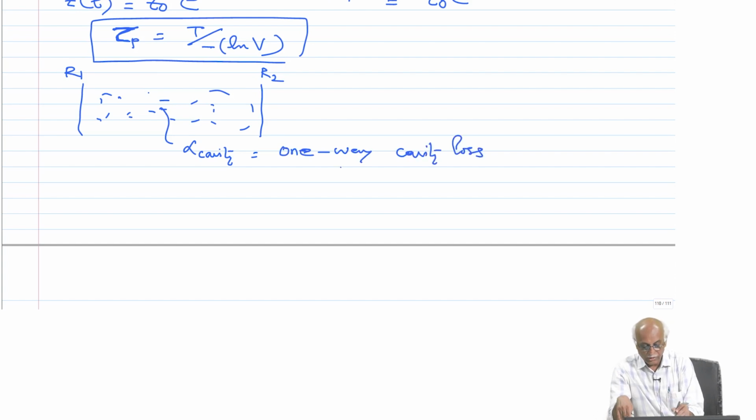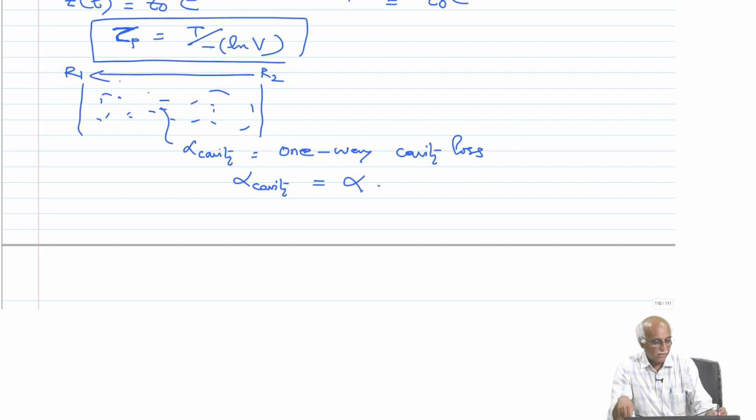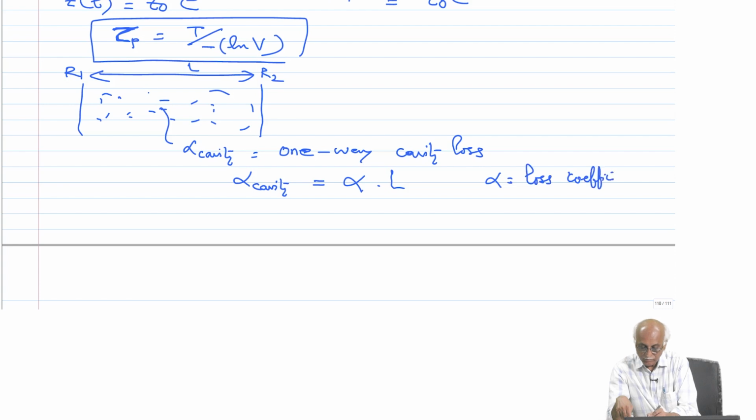If the length of the cavity is L, then alpha of the cavity is nothing but alpha into L. What is alpha? It is the loss per distance, the loss coefficient, with unit per centimeter.